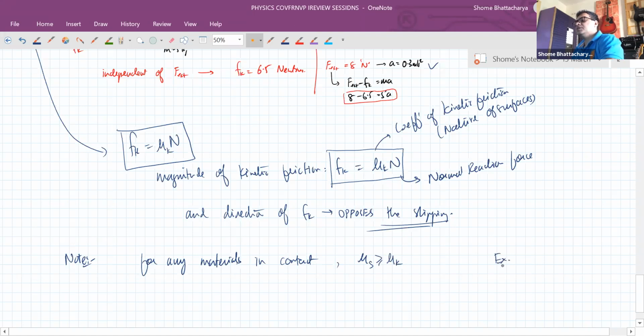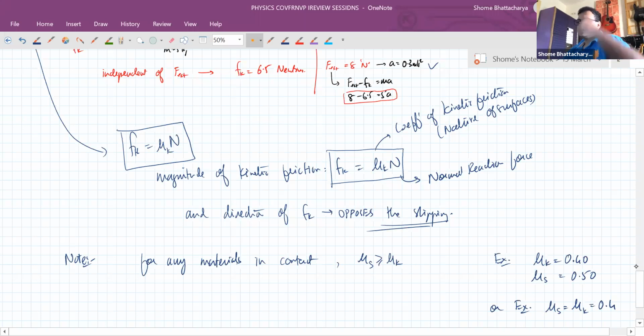A typical example is a coefficient of kinetic friction of 0.4 and a coefficient of static friction of 0.5. Or we might have a situation where the coefficient of static friction is equal to the coefficient of kinetic friction, equal to 0.4. But it will never be the case that kinetic friction has the larger coefficient and static friction the smaller.